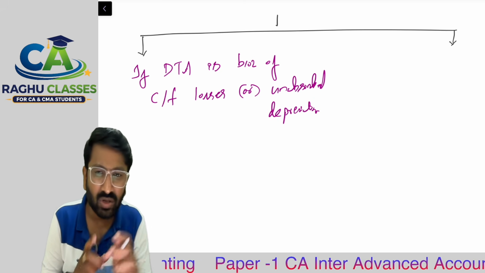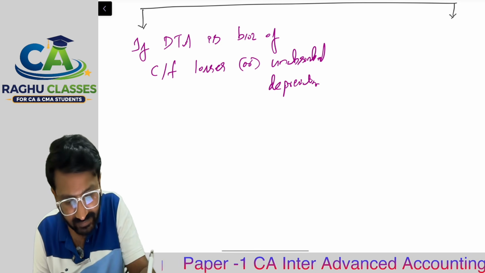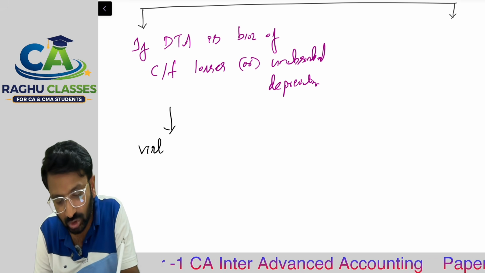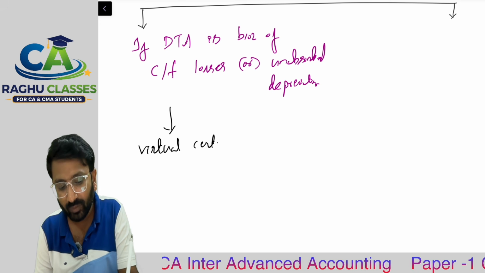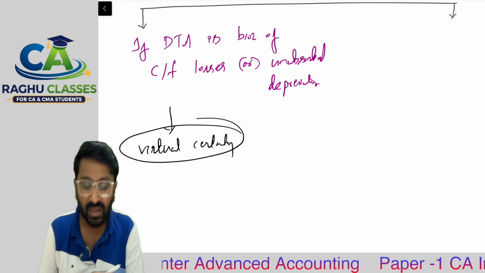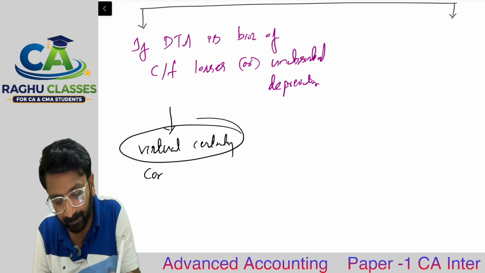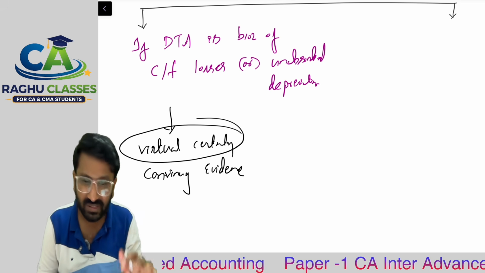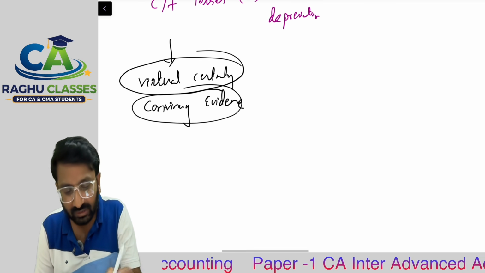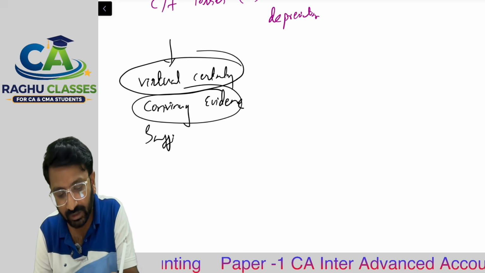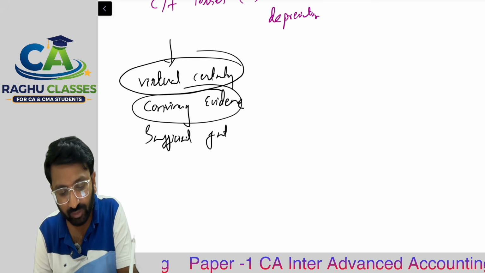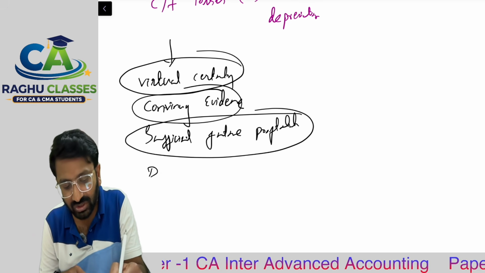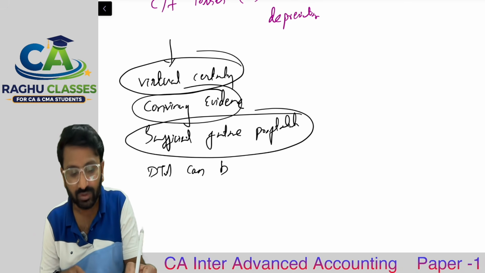So, if it's carry forward losses or unabsorbed depreciation, then the standards say you can create DTA only if there is virtual certainty, which should be supported by convincing evidence that there is sufficient future profitability against which DTA can be reversed.